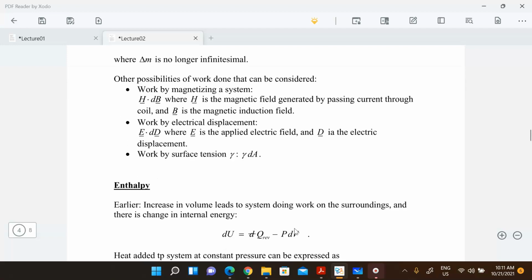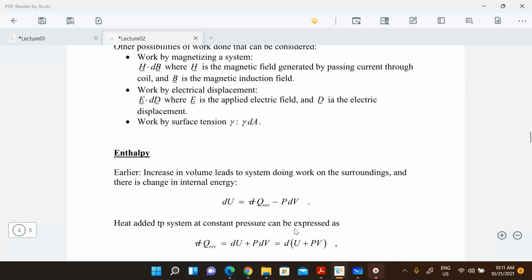The next thing to do is to talk about enthalpy. Enthalpy is another state function, which we shall see in a minute. In the previous course that I did for statistical mechanics, two semesters ago, I introduced a different idea.